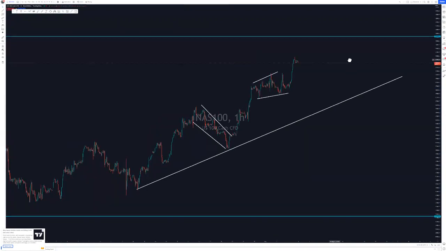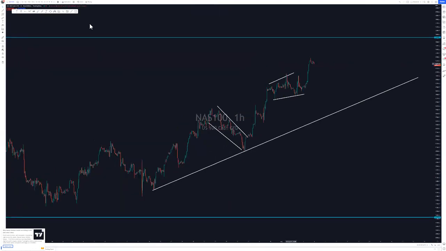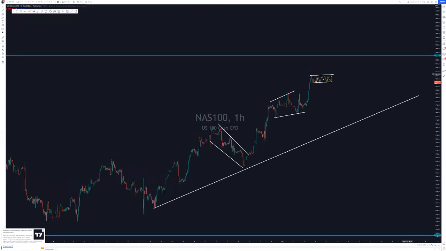So now, guys, we're in a tricky level. From where price is right now, let's hope price gives us a little bit of a correction, and then after we have that correction, guys, that's when I could say we will go to the upside, because price has been repeating the same patterns for a lot of time.